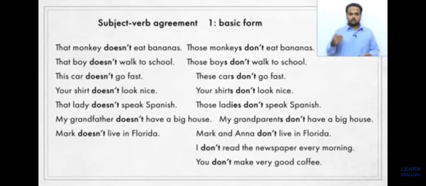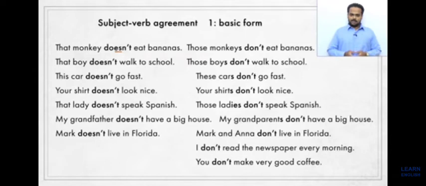Those monkeys do not or don't eat bananas. It's important to note that we say does not and then eat. We don't say does not eats because the S is already added to the helping verb do. So there's no need to add it again to the main verb eat. If you want, stop the video and read the other sentences.